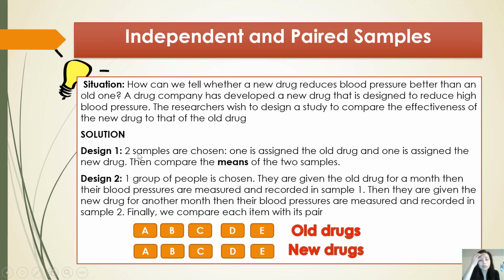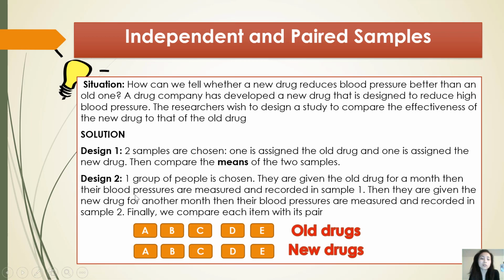In design 1, we compare the mean of sample 1 with the mean of sample 2. This is independent because there is not a specific way to pair one person in the first sample with one person in the second sample.